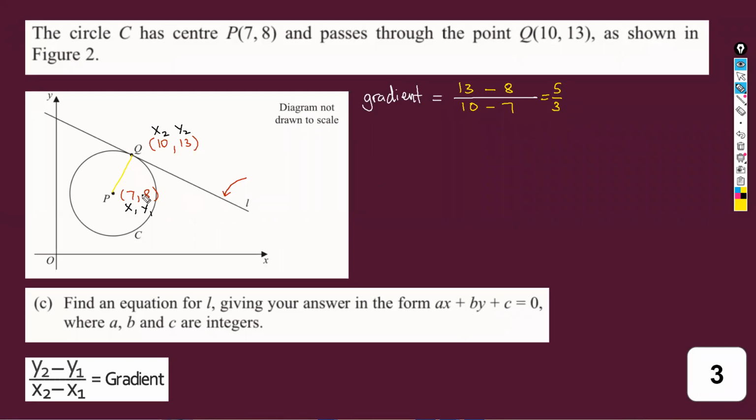So that means the gradient of the yellow line is 5 on 3. So what would be the gradient of the perpendicular line? You have to flip it, so you get 3 on 5, but you change the sign as well, right? So it's minus 3/5.